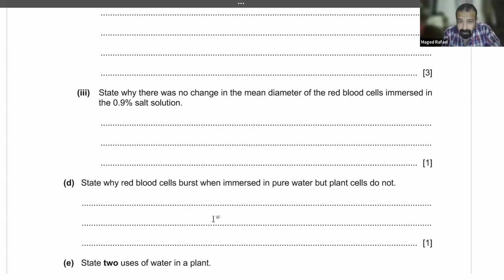Yes, same water potential. So we just explained the process in terms of it, yes, exactly, Elena, but please don't forget, you need to mention the idea of the concentration and which one is high and which one is low.